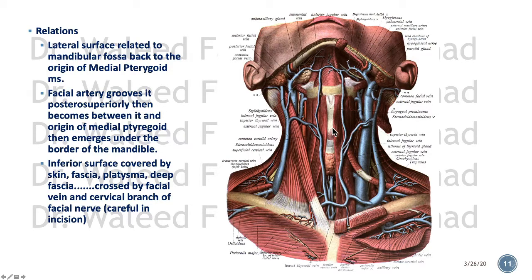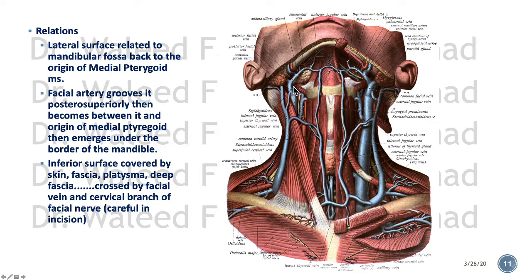The facial artery, on its way upwards, grooves the posterior surface of the gland and the upper surface, and then descends on the lateral surface, then curves around the mandible and goes up. Why does it have this course? It wants to go deeper, to be at the side of the oropharynx, to give its ascending palatine and tonsillar branches.